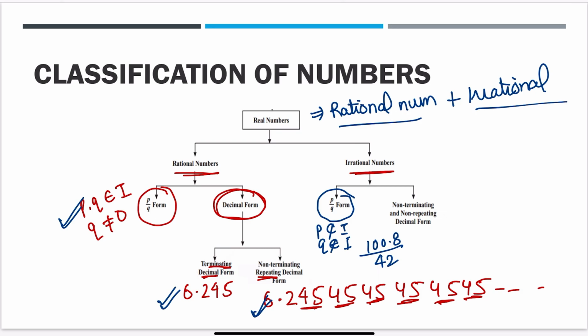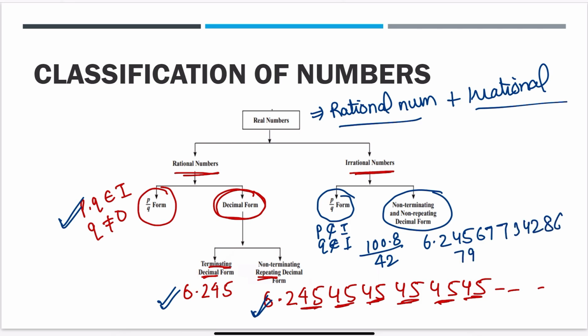Now, last thing is non-terminating, non-repeating decimal form. First thing, it is a decimal form. Yes, 2.45. It is non-terminating, means it will go on forever. And the second part is non-repeating, means 2.4567737342867984 and so on.